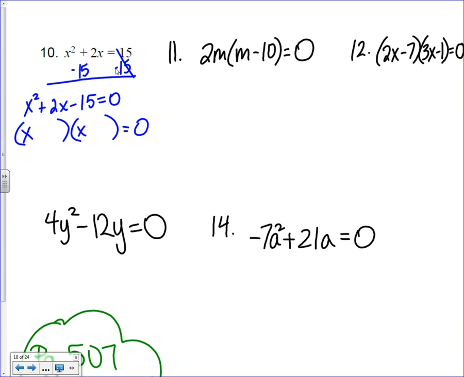And you're looking for factors of 15 that will subtract to 2. Numbers that multiply to 15 but also subtract to 2. What kind of numbers multiply to 15? And 5 times 3, do those also subtract to 2? They do, so those are the numbers that I want.